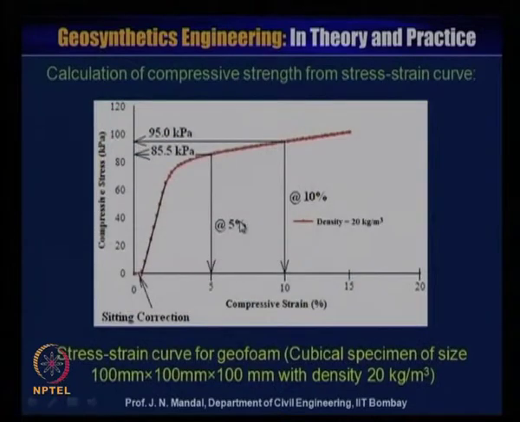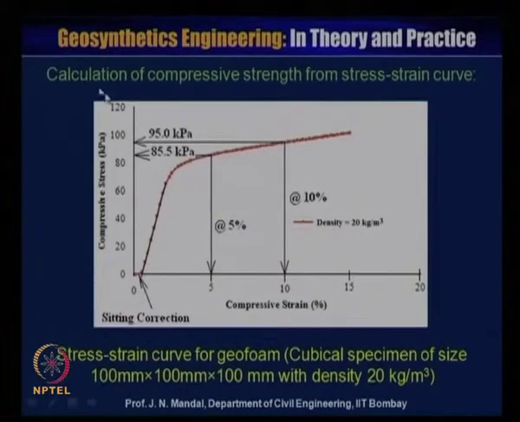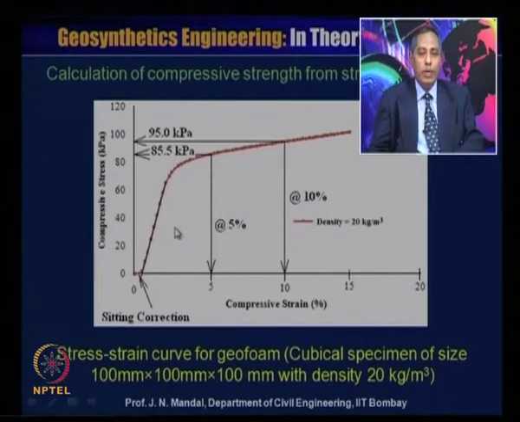Now you have to calculate the compressive strength from the stress strain curve. Here is one typical stress strain curve of the geofoam. This is the cubical specimen, 100 millimeter into 100 millimeter into 100 millimeter, with a density of 20 kg per meter cube. You can see the nature of the curve.